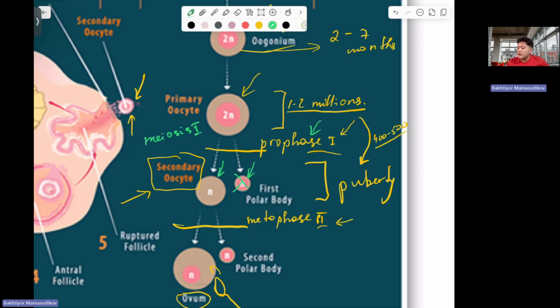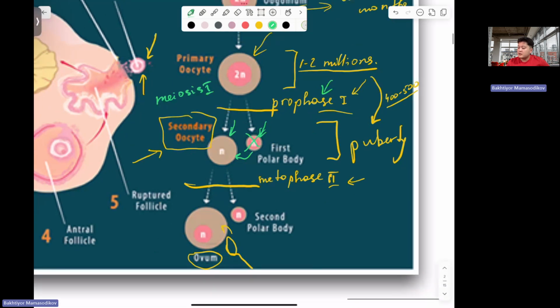This polar body gives its cytoplasm to the secondary oocyte. This secondary oocyte also forms a polar body and the mature ovum. In this process as well, the polar body gives its cytoplasm to make one big, good quality ovum.